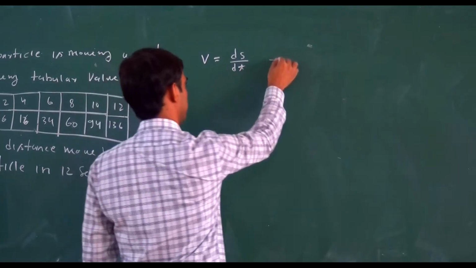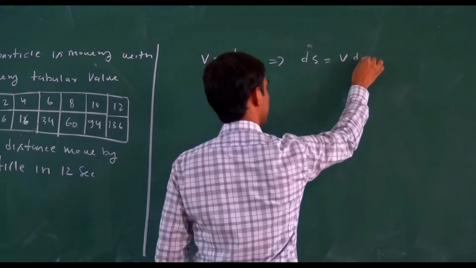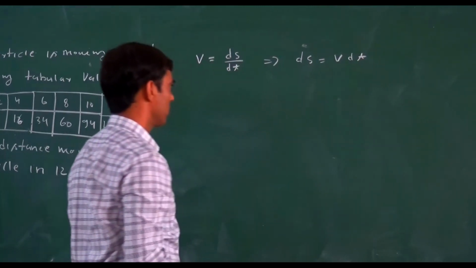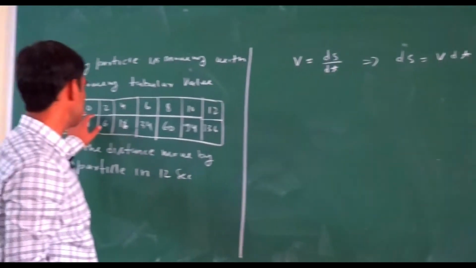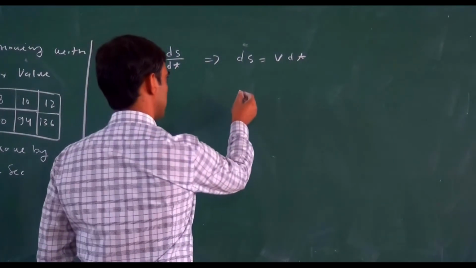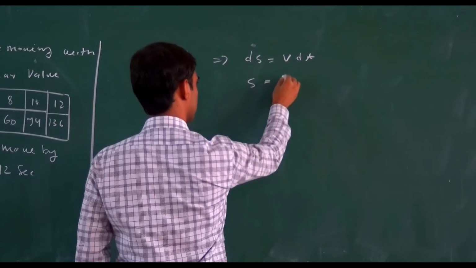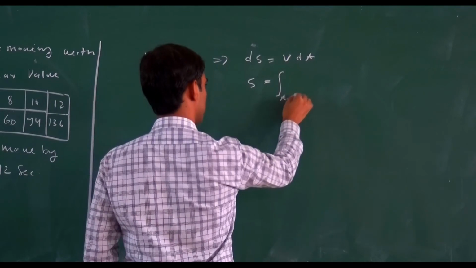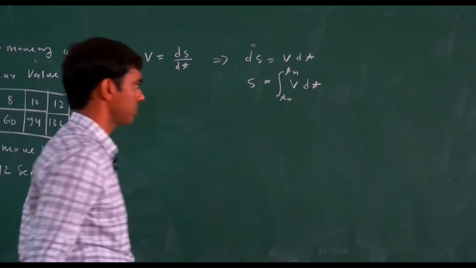If we simplify this, ds equals v dt. So what is our aim? Our aim is to find the distance covered from 0 to 12 seconds. Our aim is to find s. S is the integral of v dt from t0 to tn.